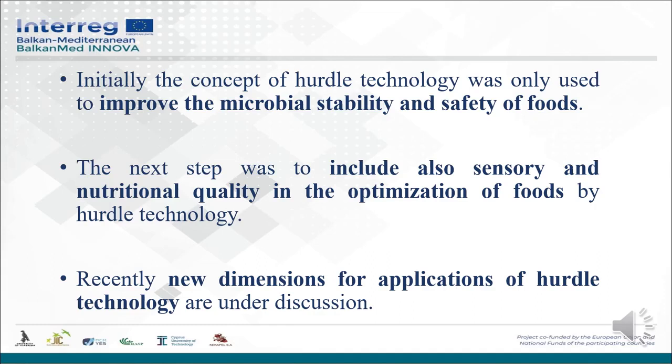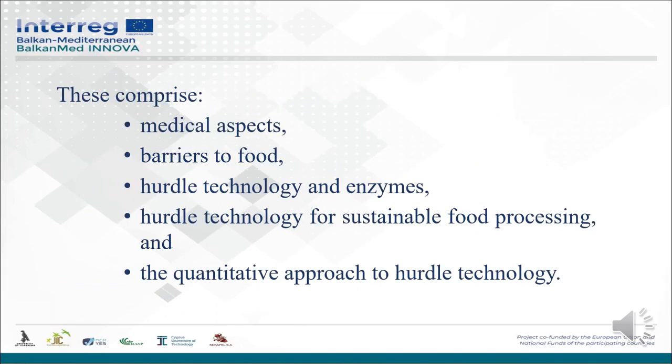Recently, new dimensions for application of hurdle technology are under discussion. These new dimensions comprise some medical aspects, some barriers to food, hurdle technology and enzymes, hurdle technology for sustainable food processing, and a quantitative approach to hurdle technology.